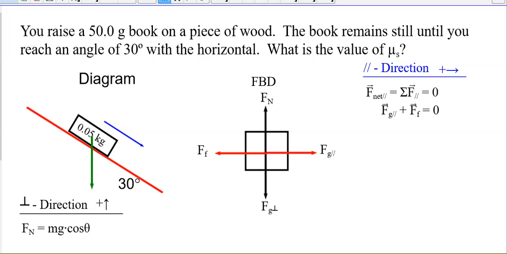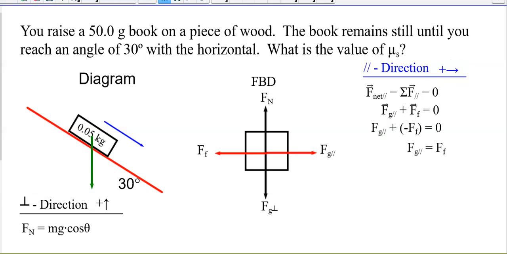So the two forces involved in the parallel direction are your weight in the parallel direction and your force of static friction, if I put the S in there. Friction should be going in the negative direction, so when I take the vector symbols out, I will consider their actual directions. So my parallel component of my weight is going to be going in my positive direction, so I just leave my parallel component positive and I make my friction negative.